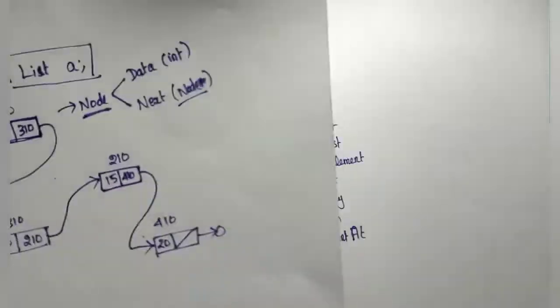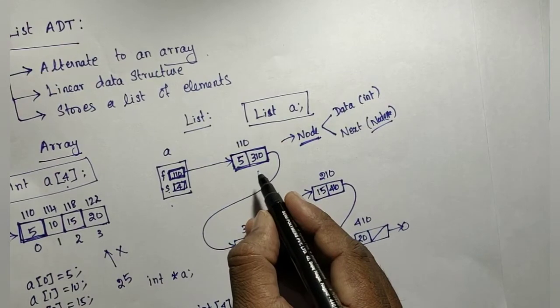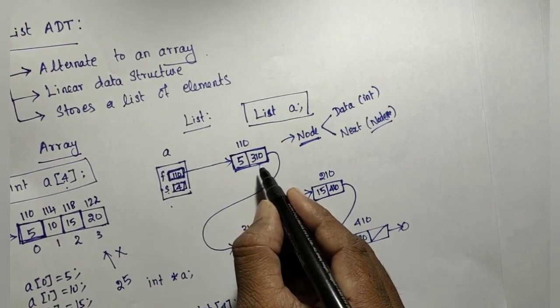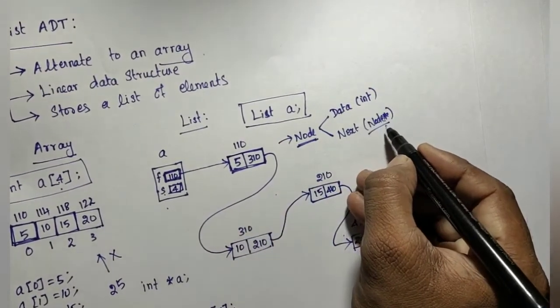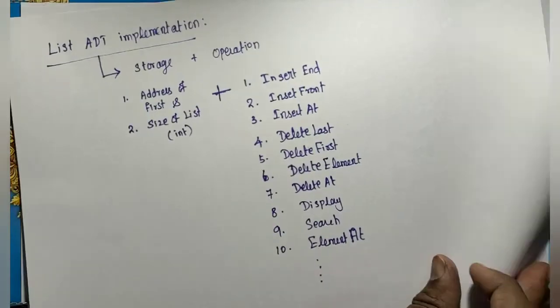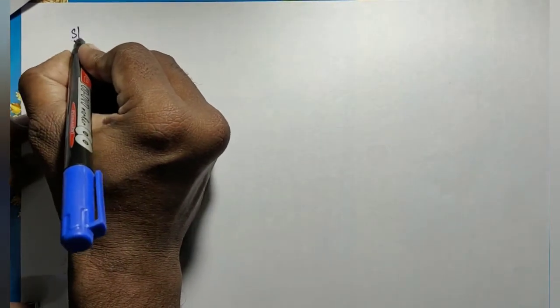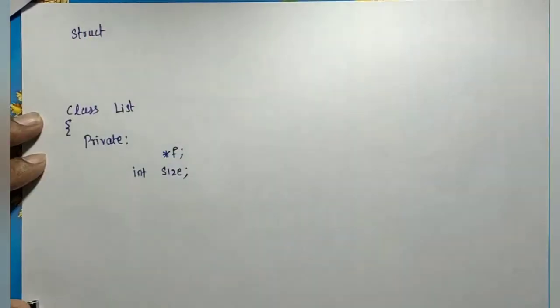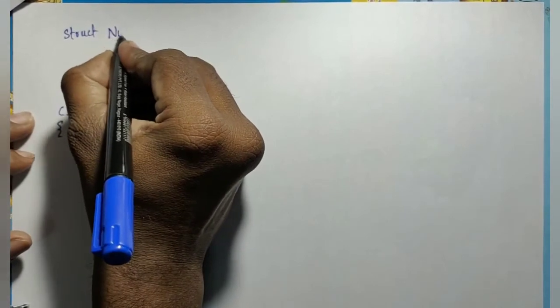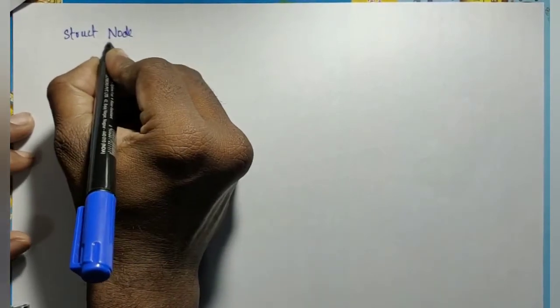Very clear. So first let us define the new data type capable of storing one integer and one address. So we are going to add struct here. I am going to name the new data type node. It is not a built-in type, it is a new user-defined type, node.